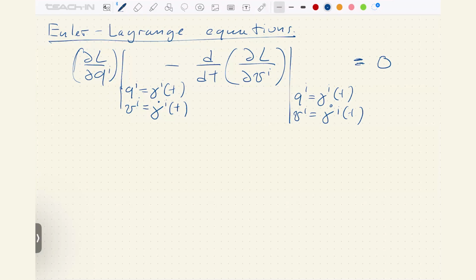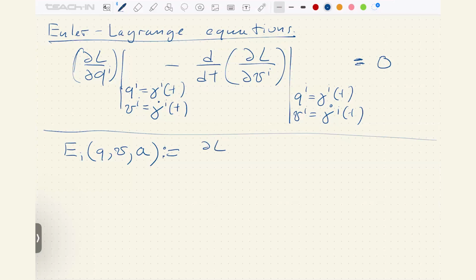Of course, it's easier to rewrite them by introducing functions E_i of q, v, and let me here put also accelerations as independent variables, because this is in general the case. And they are, by definition, just these functions on this auxiliary space. I need one more notion to write it.